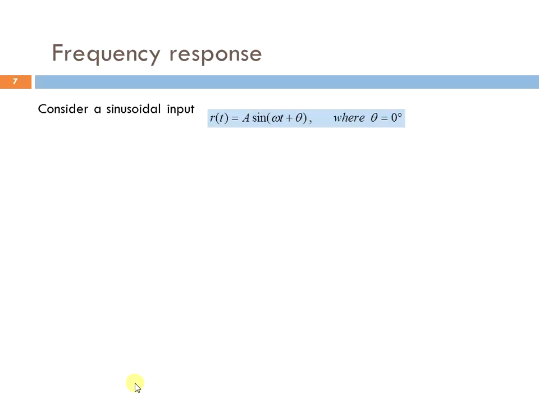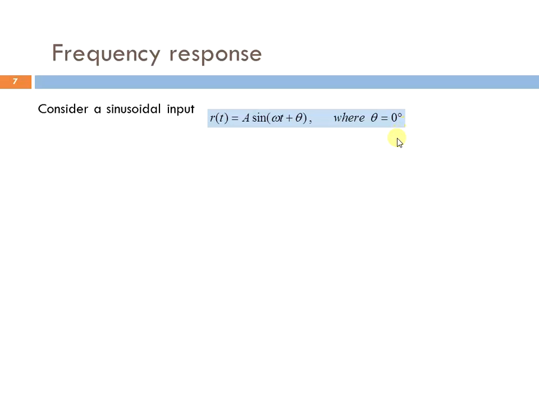A sinusoidal signal is defined by three main parameters: the amplitude A, the frequency omega, and the phase theta. Here we assume that the phase is equal to 0 degrees.